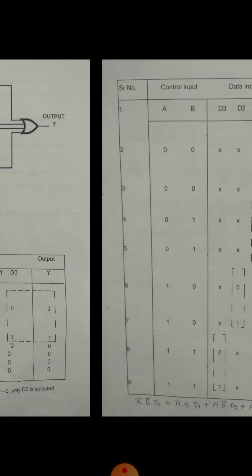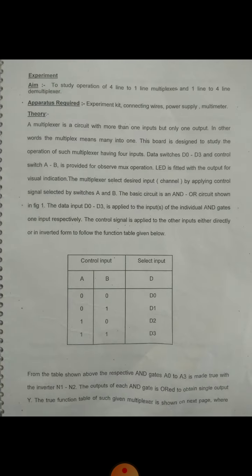So first we will see that data inputs D0, D1, D2, D3 are applied to the inputs of the individual gates, one input respectively, right? And the control signal is also applied to the other inputs, either directly or in inverted form.